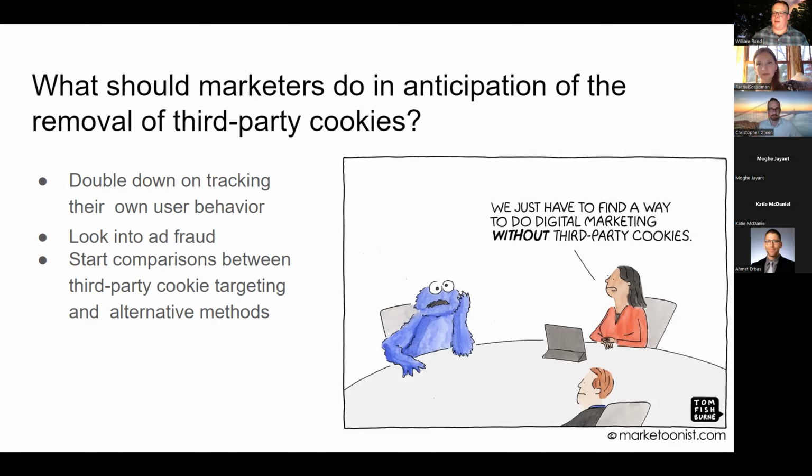Because like anything, if something tweaks or something changes, you could have some serious problems. And this is a classic example: if you're relying too heavily on third-party cookies to target your ads, and all of a sudden third-party cookies get removed, then you have no way to target your ads. So coming up with different ways using other methods such as email marketing, other approaches, I think is valuable.